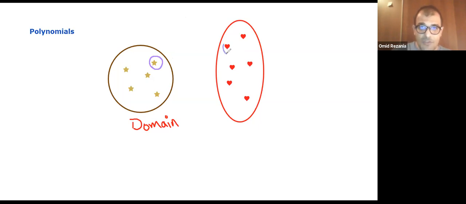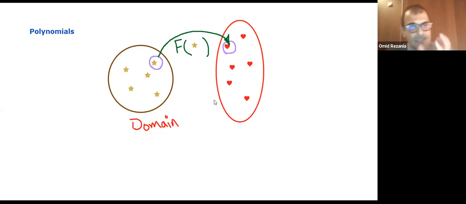The function is a way to make this transformation from the pork so we end up with a dumpling. That's what we call the function. This is a very basic representation of what we mean by function.